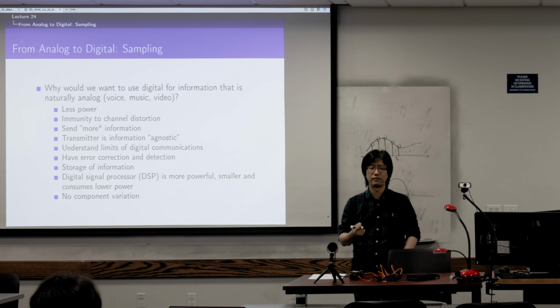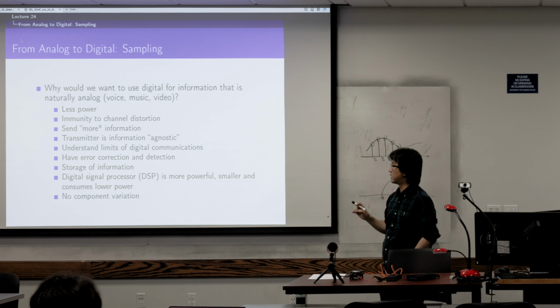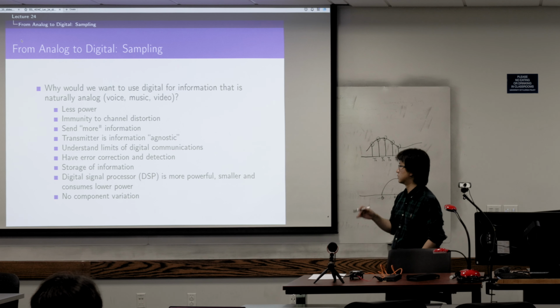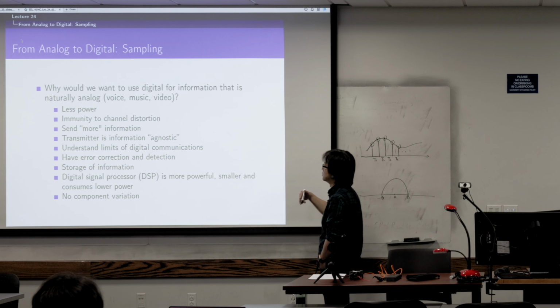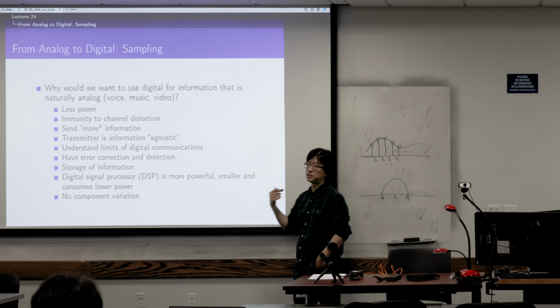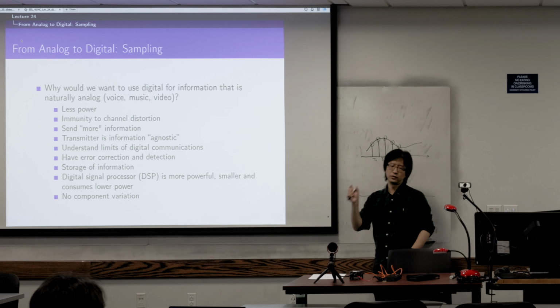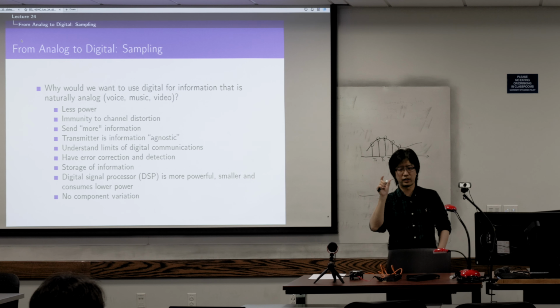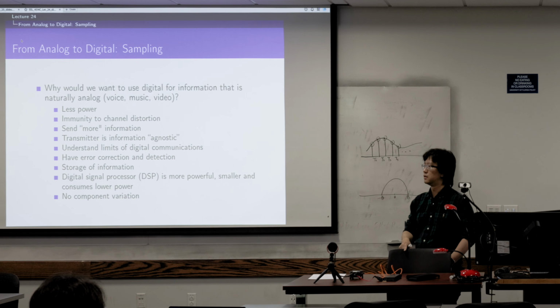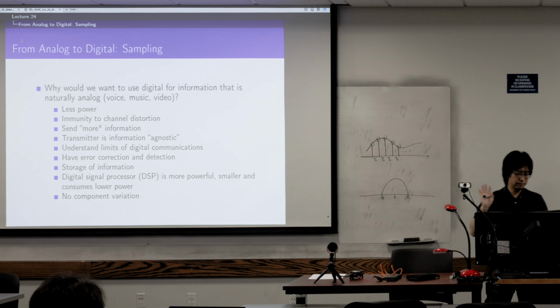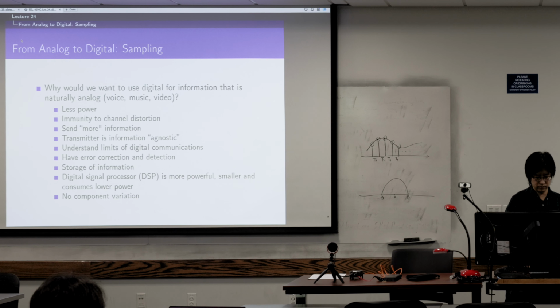Easy ones might be okay, but complicated ones may not be easy to deal with. But we can use a DSP to do lots of signal processing. That's much easier to do in the digital domain. And the other thing is they call it no component variation. I think they mean the component variations are not much. Those are just a few of the advantages of using digital communication.